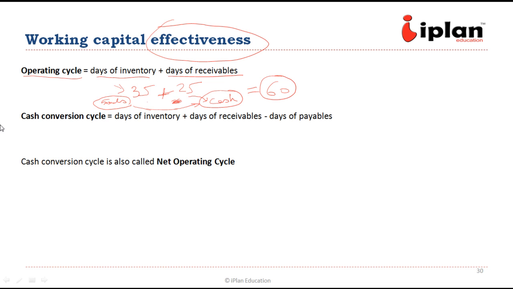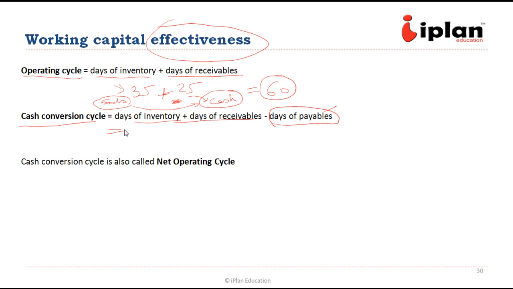Another parameter is the cash conversion cycle. It is nothing but the operating cycle minus days of payables, because these are the number of days which we are getting from our suppliers. We do not need to pay the cash to the suppliers immediately, since they are also supplying on credit, so we get a few days.